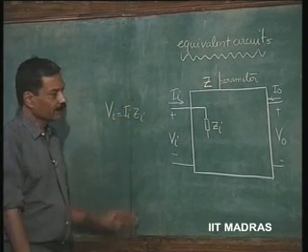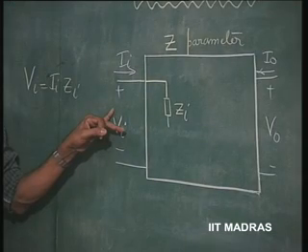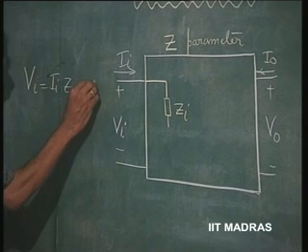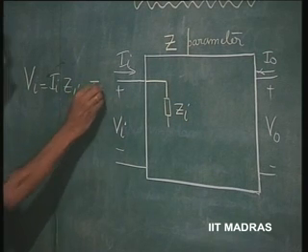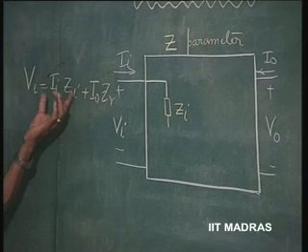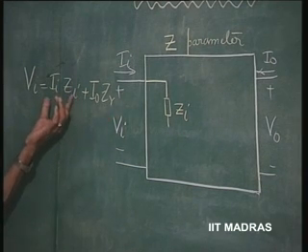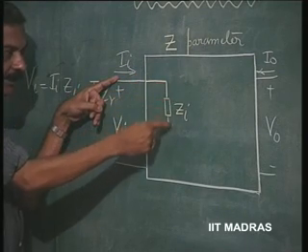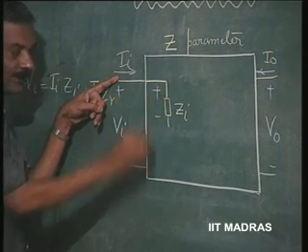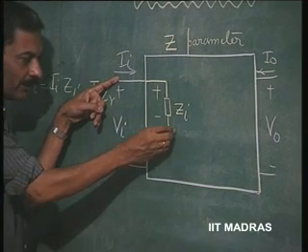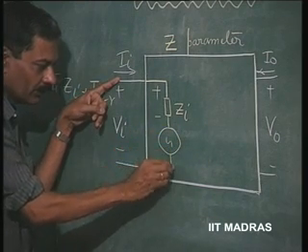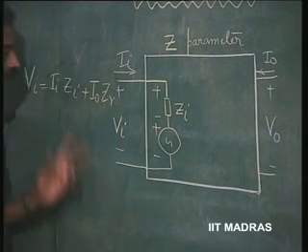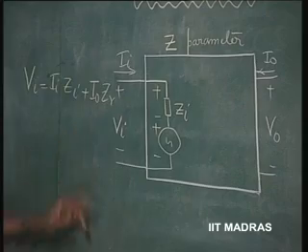Obviously, Vi is a voltage which is the total of two voltages: Ii into Zi plus I0 into Zr. What is that one voltage? Ii into Zi. Since Ii is flowing through this circuit, it is the drop across Zi. Another voltage source in series has a voltage of I0 into Zr.